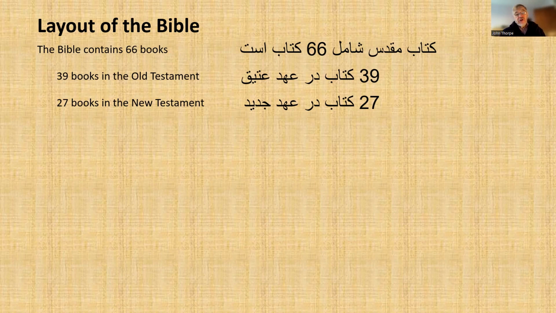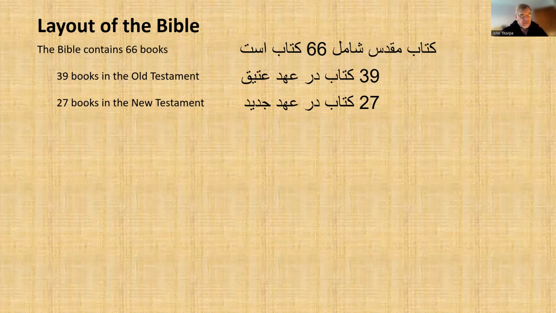So the order of the books isn't very important because they were all written separately. So in the Bible that you have and that I have, the books are all in the same order. That makes it easy to find them.